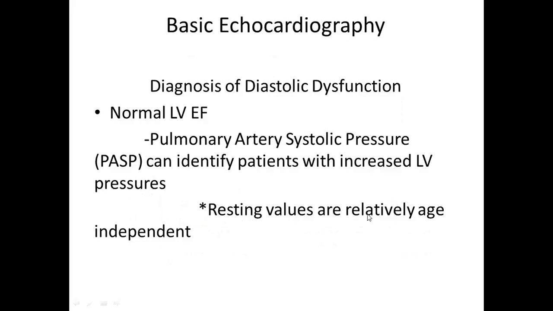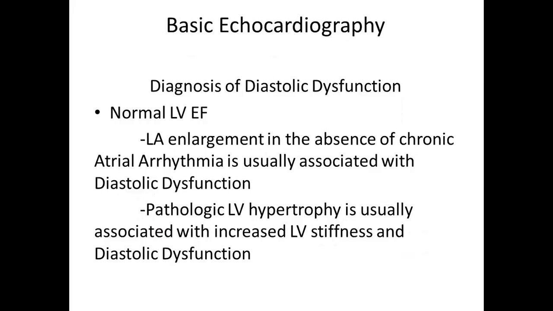Resting values are relatively age independent, so pulmonary pressures don't go up with age. So we can use it. And that is why we talk about the tricuspid regurgitant velocity. Remember, you use your tricuspid regurgitant velocity to give you your pulmonary artery systolic pressure, 4V squared. Okay, so the number you need to remember is 2.8.